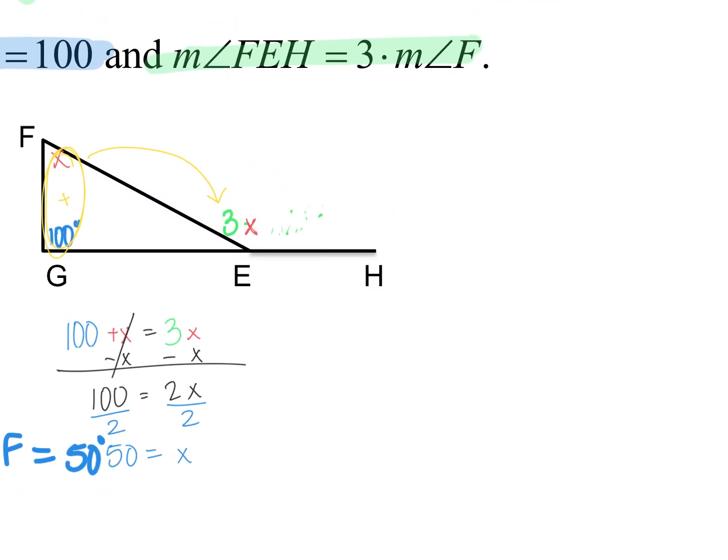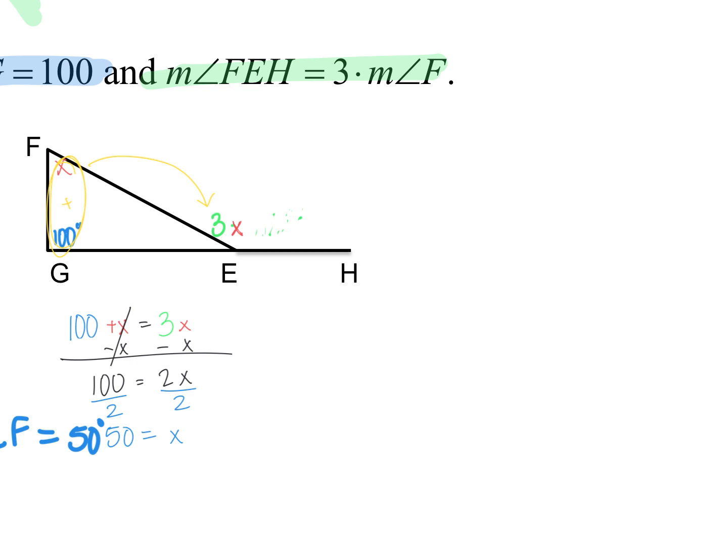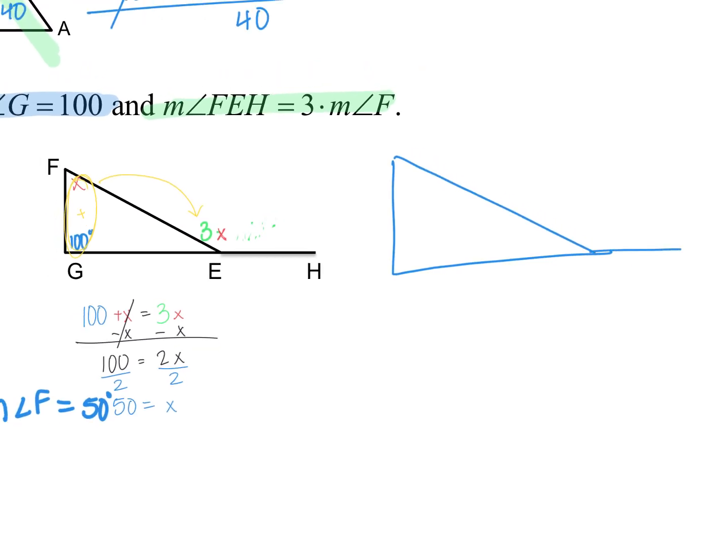Okay, I'm going to draw my triangle over here, as best as I can. Let's check. If this was 100 and this was 50, and this measurement is 3 times 50. What's 3 times 50? 150.